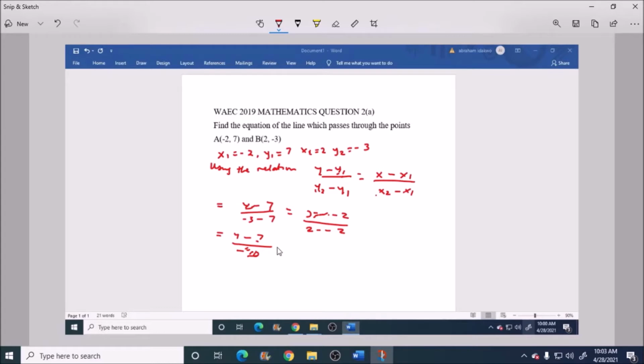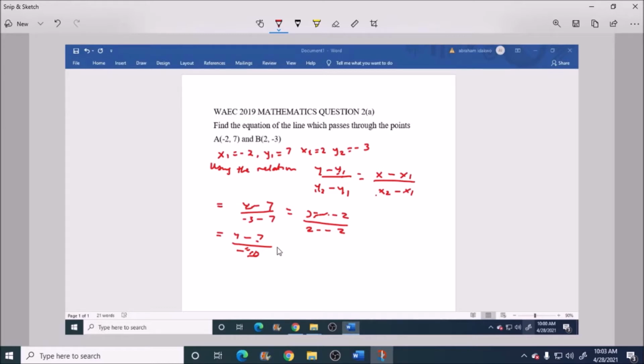So here we have 4. If you cross multiply, you have 4 times y minus 7 equal to minus 10 times x plus 2.